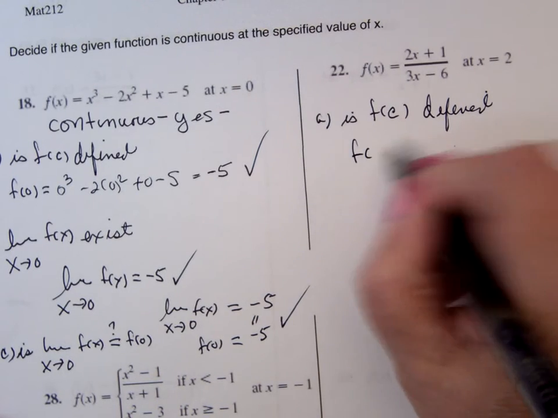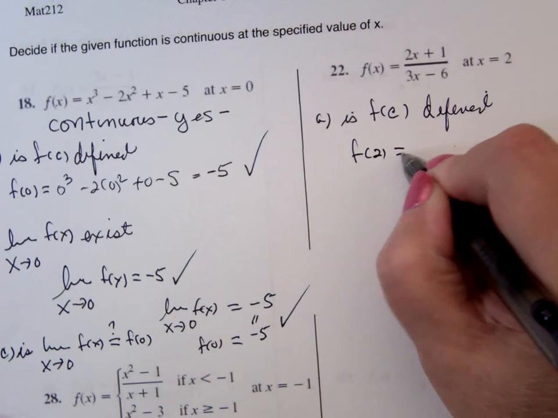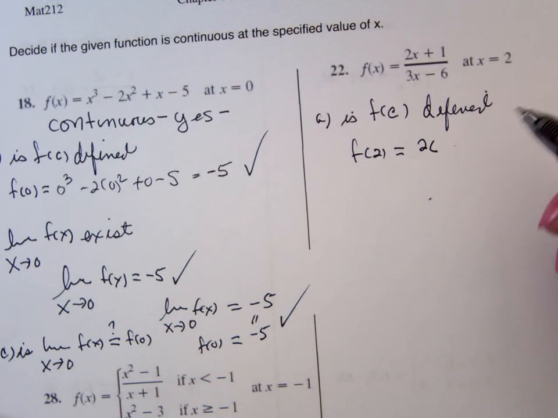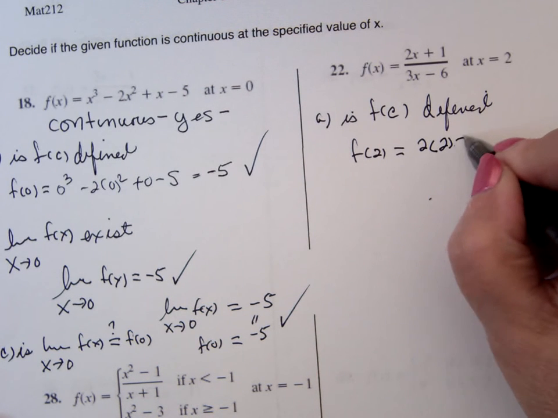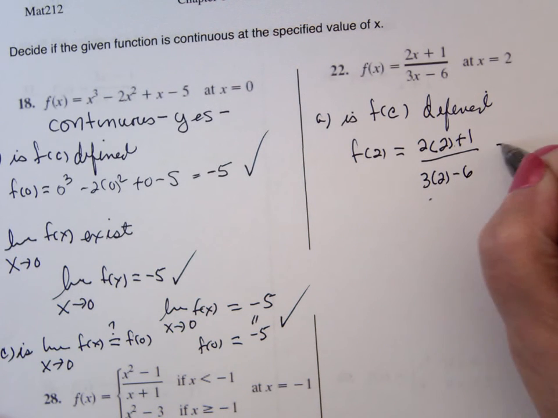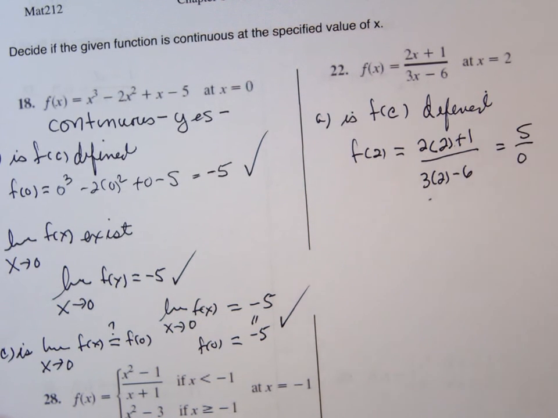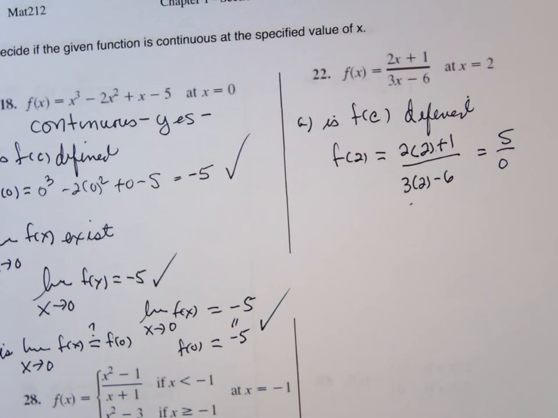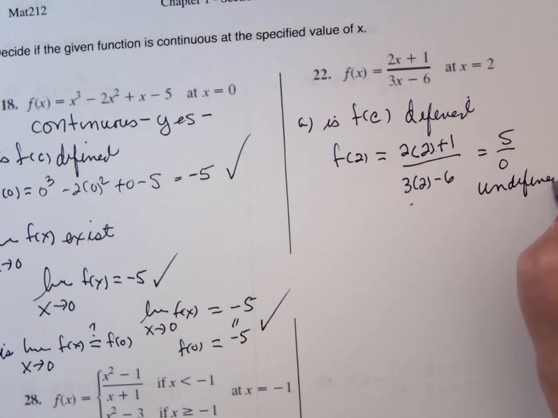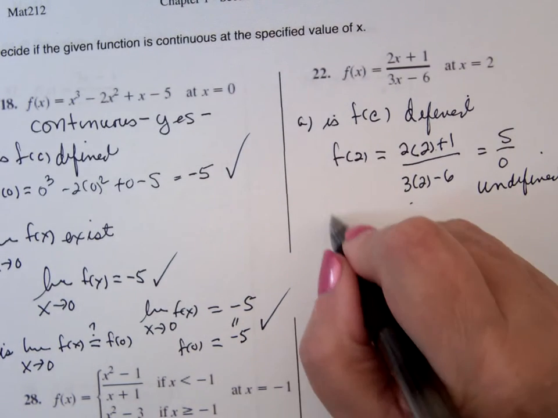Well, f of 2 equals 2 times 2 plus 1 over 3 times 2 minus 6, which is 5 over 0. And what do I know 5 over 0 is? It fails.